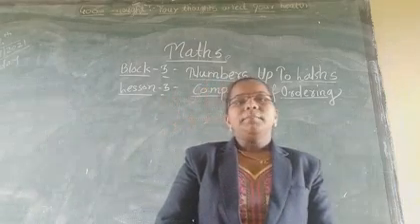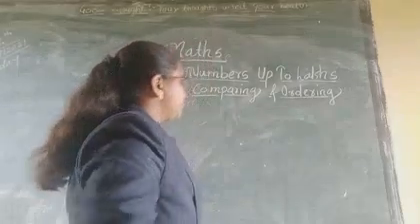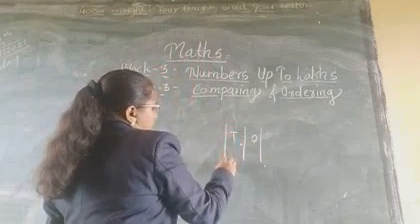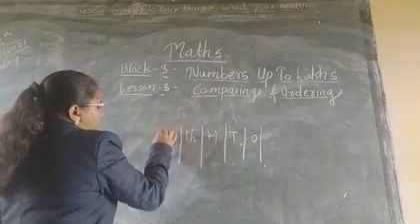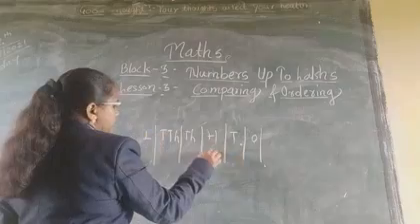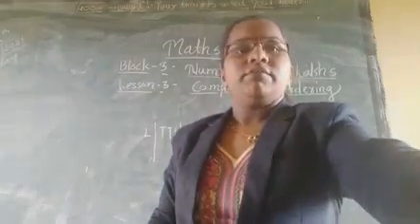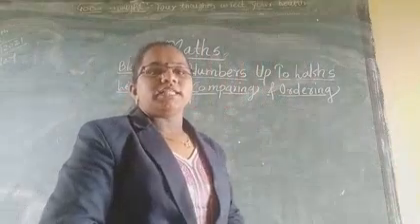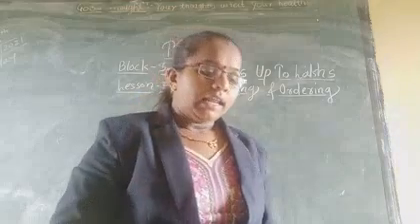You know that the place values from right to left are ones, tens, hundreds, thousands, ten thousands and lakhs. These are the 6 place values.